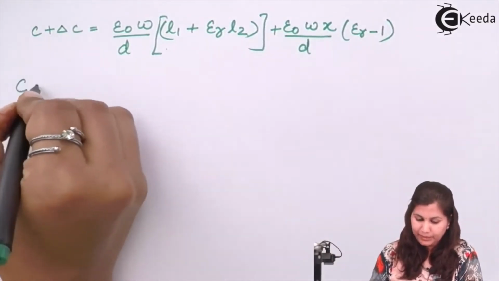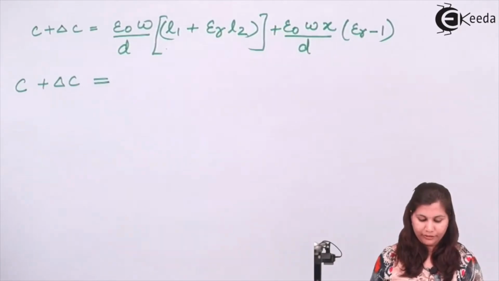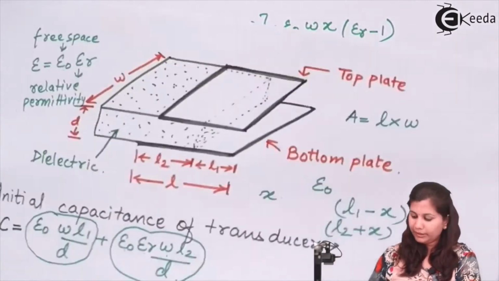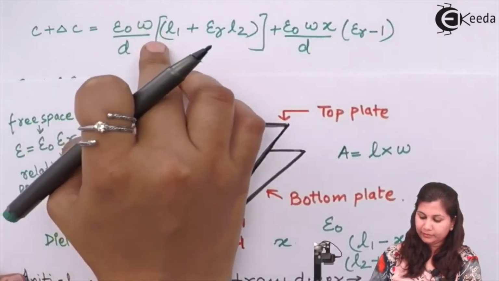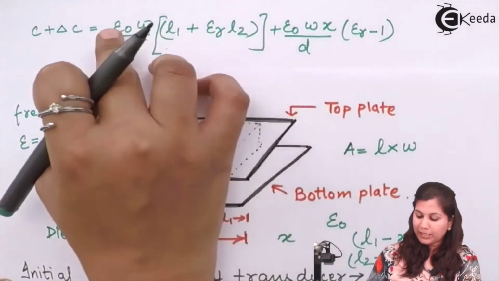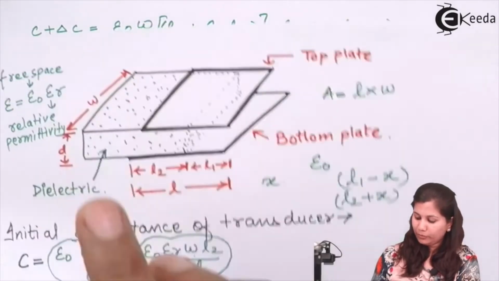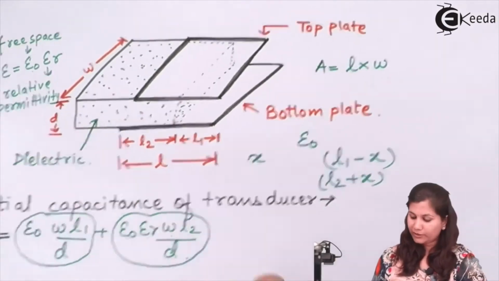So C plus del C will be, this value we have already obtained. Earlier we have obtained epsilon naught omega L1 by d, that is this point, plus epsilon naught epsilon r omega L2 by d, that is this value. So this is the initial capacitance of the transducer.